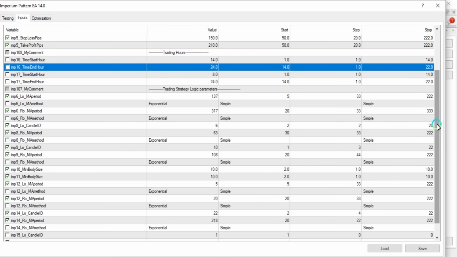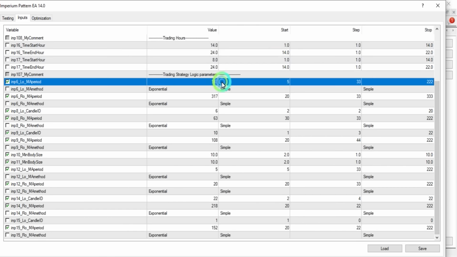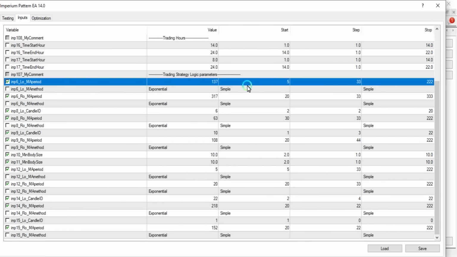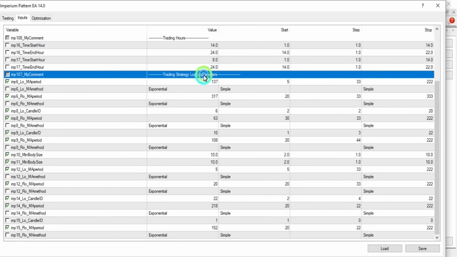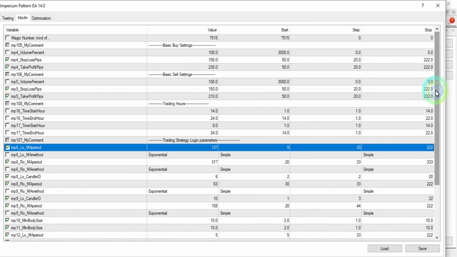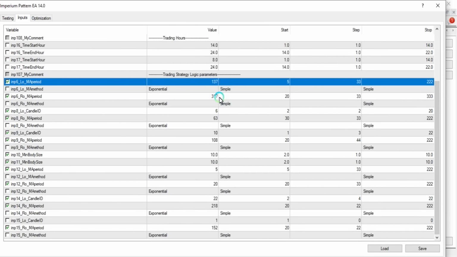Or if you have a habit to only trade in a certain hour in a day, you can tell the EA that it can only trade in that range because of spread or some stuff. So it is really, really useful in my opinion. Now, the next parameters are for the strategy and the strategy logic. If you are an advanced trader, I can recommend for you to try different parameters out.